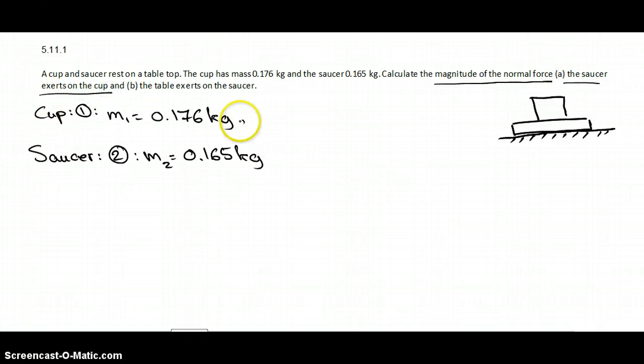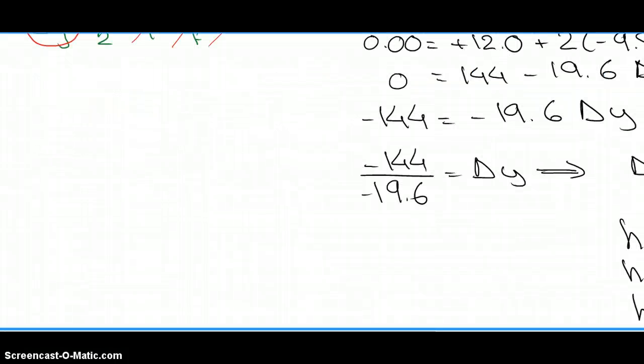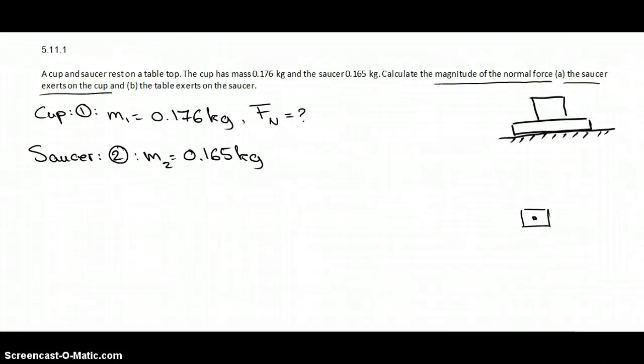On the cup, so we're working on the cup here. That's A. So for A, we want the normal force on the cup. So let's isolate the cup. Pretty cup, looks like a box. And let's draw all the forces on it. Oops, sorry. So what are the forces acting on the cup?